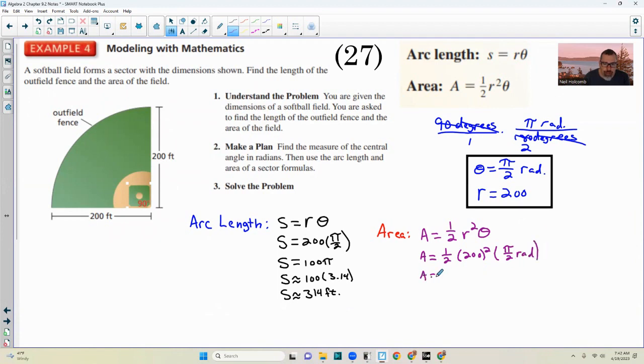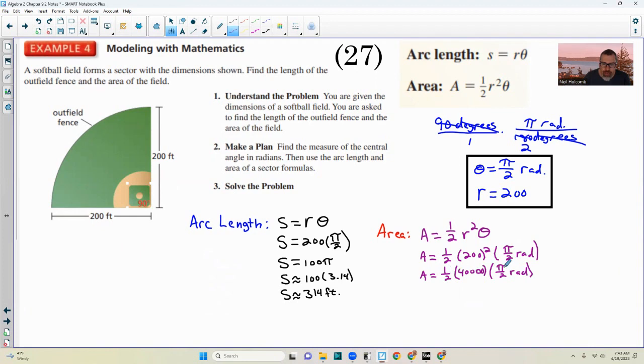Remember your order of operations, PEMDAS: parentheses, can't do anything inside the parentheses, exponent, 200 squared is 40,000. I'm just showing all my work. So it's 1/2 times 40,000, and then times pi over 2 radians.